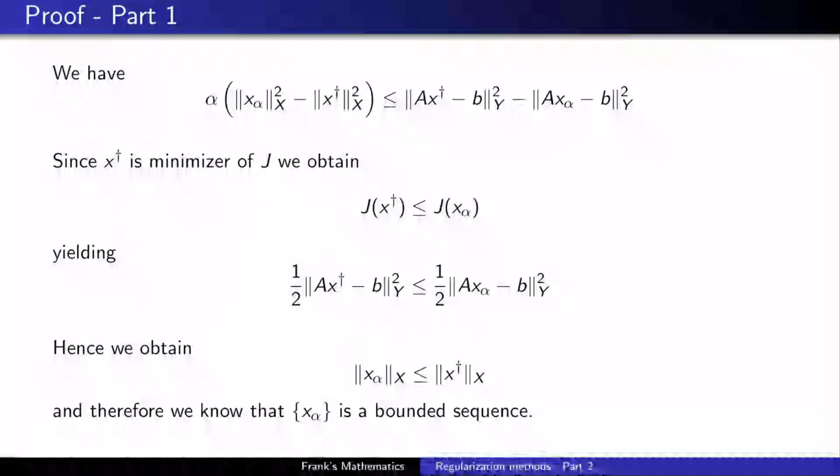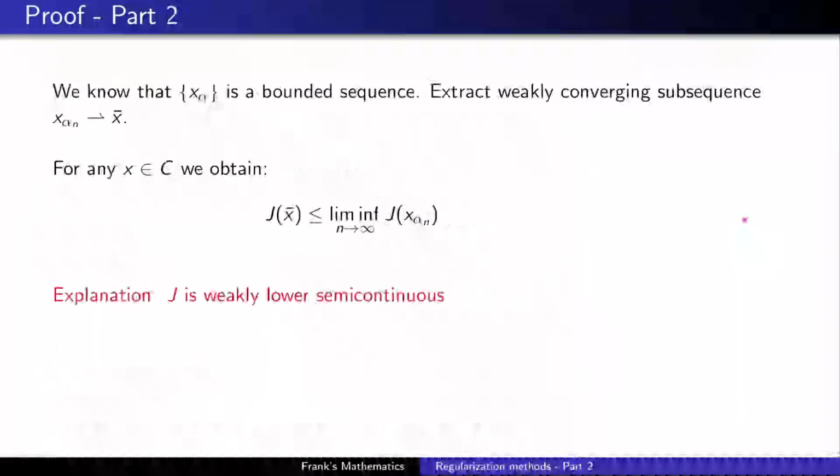We've shown that x alpha is a bounded sequence. So let's move on to part 2 of the proof. We extract a weakly converging subsequence, which is now possible since we know that x alpha is a bounded sequence, and we denote the subsequence by x alpha n, and the weak limit point is denoted by x bar.